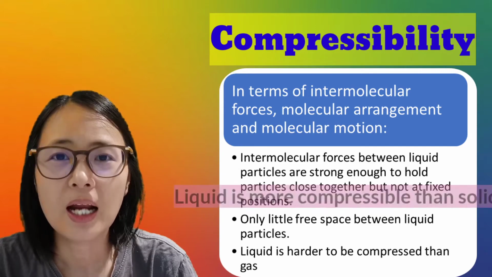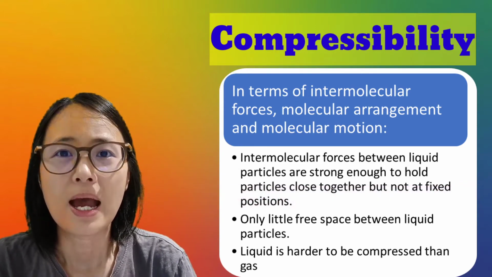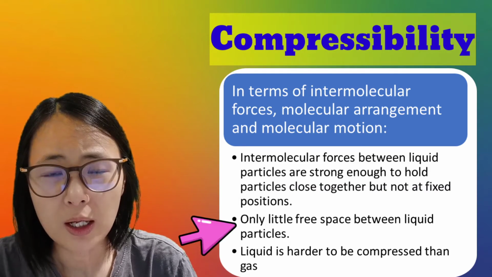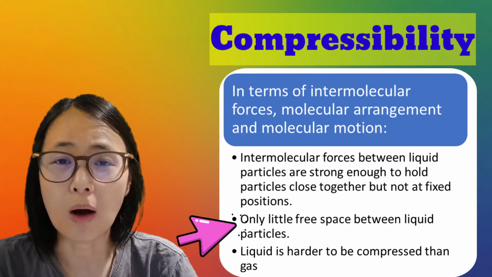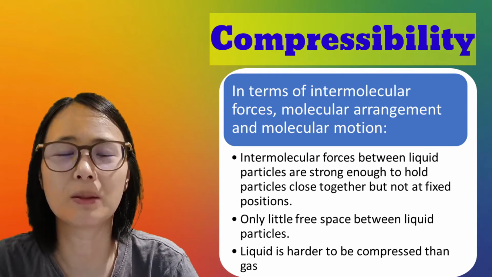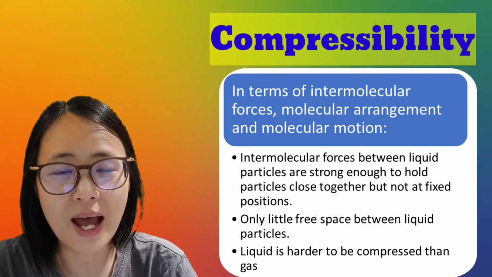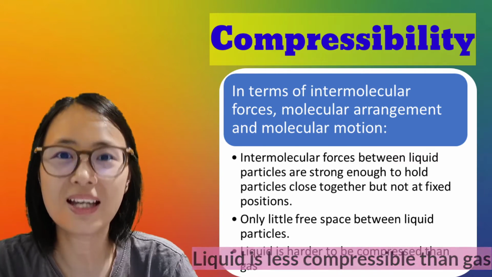Because of that, liquid is more compressible than solid. For liquid, there is only a little free space between the particles, while in gas, there is a lot of free empty space between the particles. Because of that, liquid is less compressible than gas.